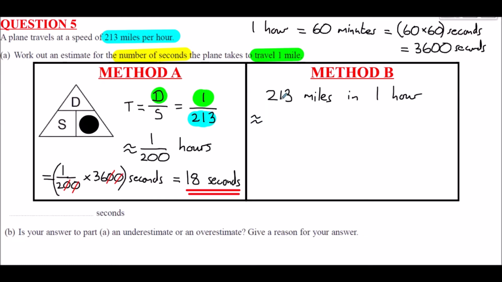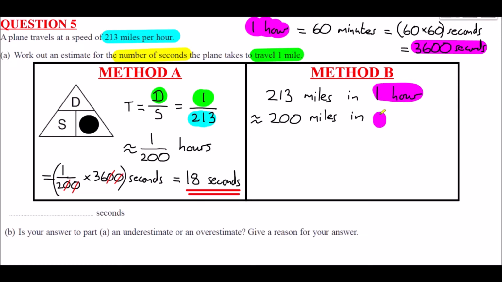Now we can round this 213 miles, that's about 200 miles in 1 hour. But again, we worked out from before that 1 hour is the same as 3,600 seconds. So I'm going to replace this 1 hour with 3,600 seconds.